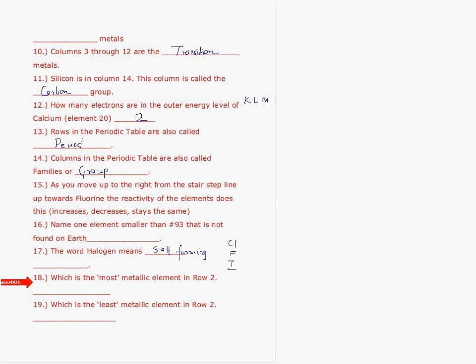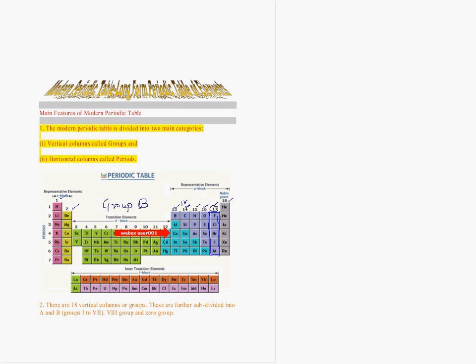Okay, the most metallic element in row 2. Let's see where row 2 is. This is row 2, right? The most metallic element is the one which shows metallic property, and you know metallic property decreases from left to right. The question is the most metallic element.